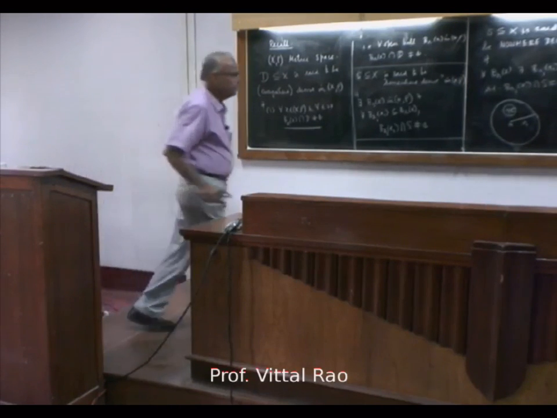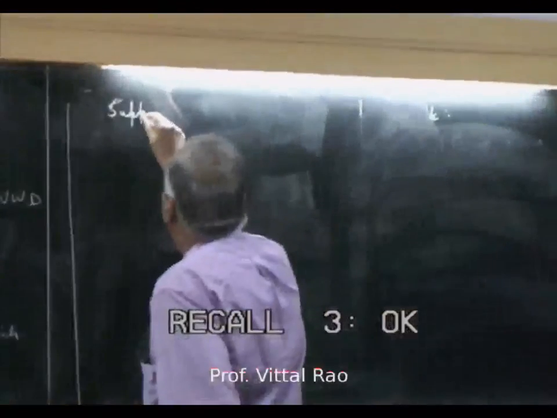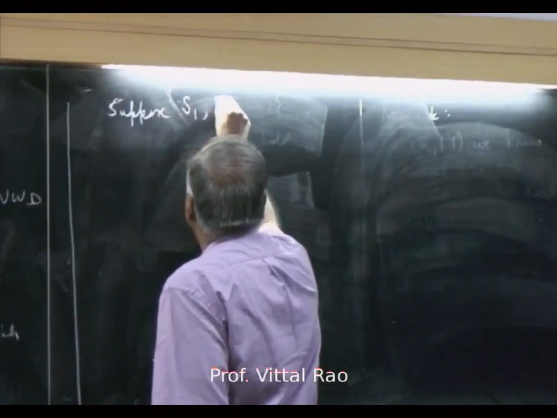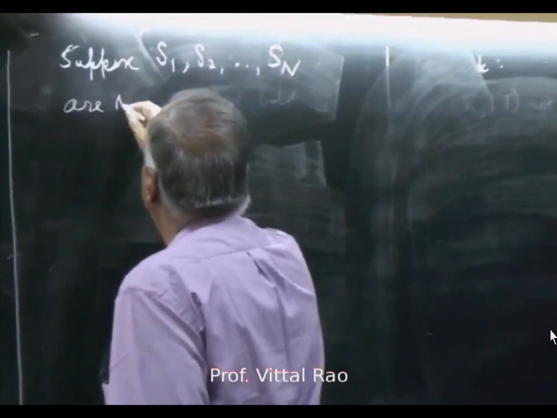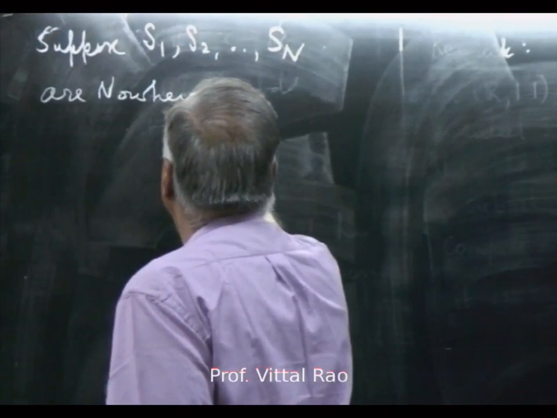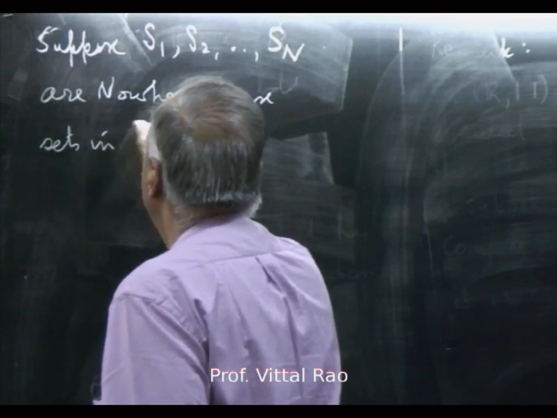For example, let me not even go into Q. Suppose S1, S2, ..., Sn are nowhere dense sets in a metric space (X, ρ).